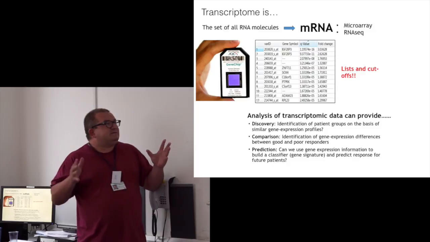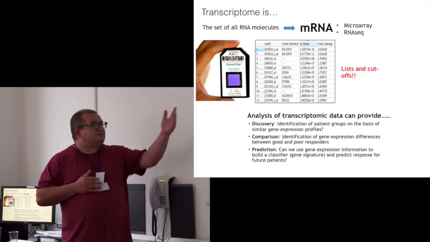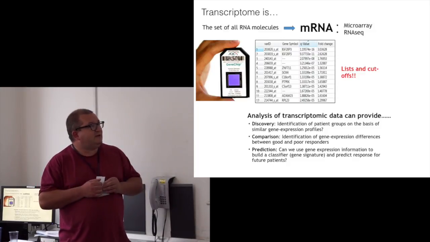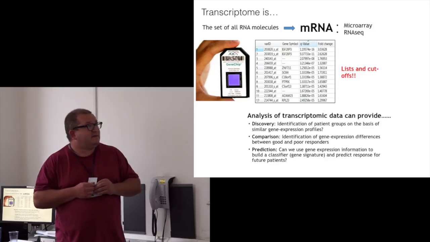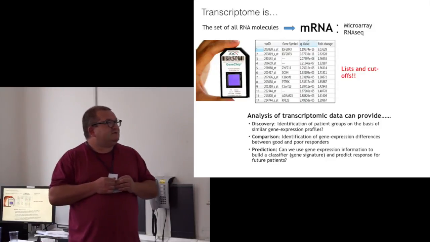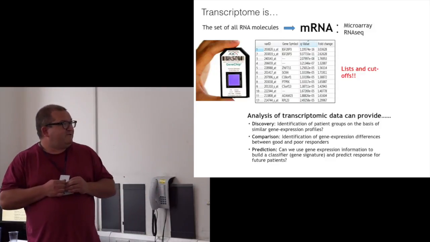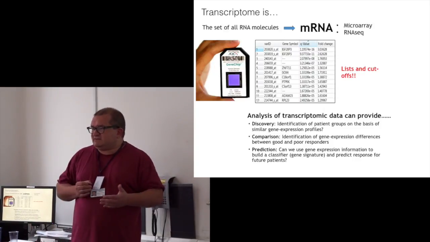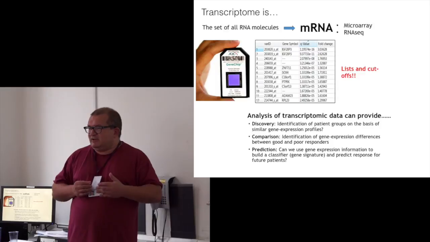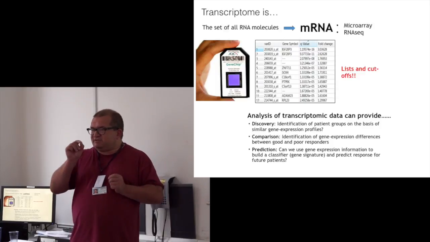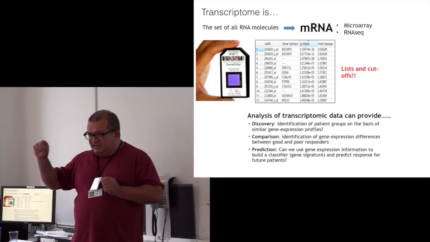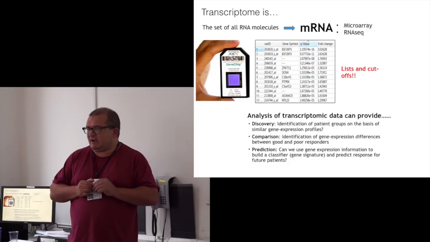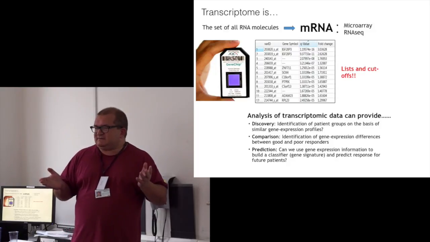So we get a list. That list may look something like, or the top of that list, something like we have in the middle of the screen here. This, of course, suffers from the issues of big data. If we have several thousand of these out of 23,000 genes in the human genome, or if we look at it at an exon level, where we measure every element of the gene and whether that's transcribed, we might go up to 100,000.